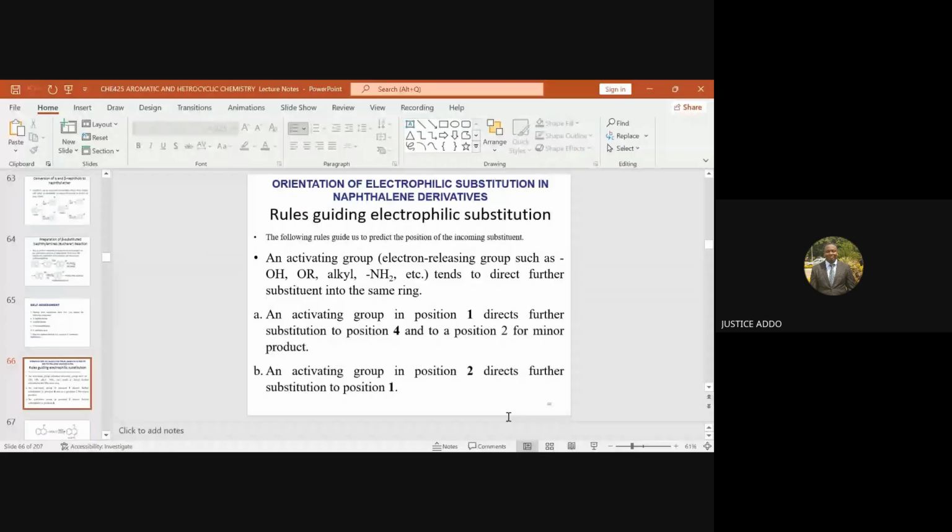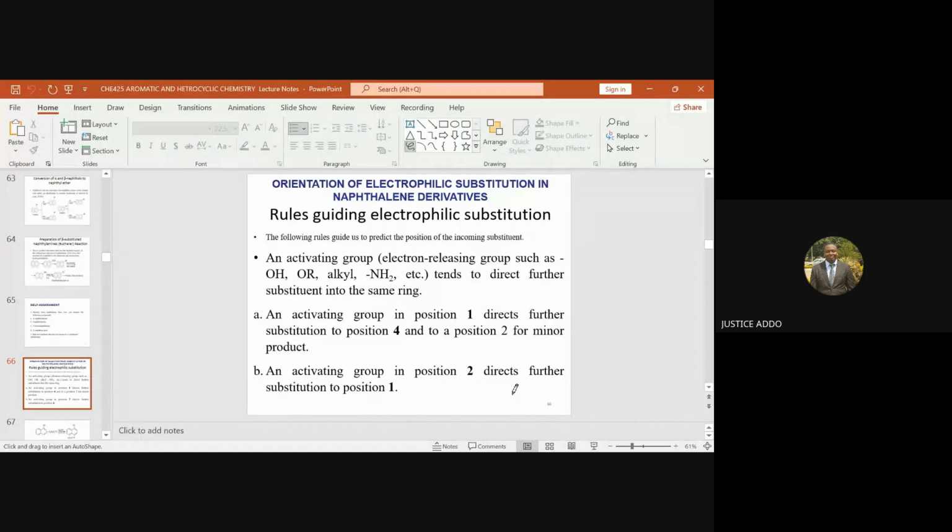Examples of the activating groups: we had the hydroxy group, the alkoxy group, the alkyl group, the amino group. And the deactivating groups, we had the carboxylic acid functional group, the aldehyde functional group, the cyanide, the nitro, and the others.